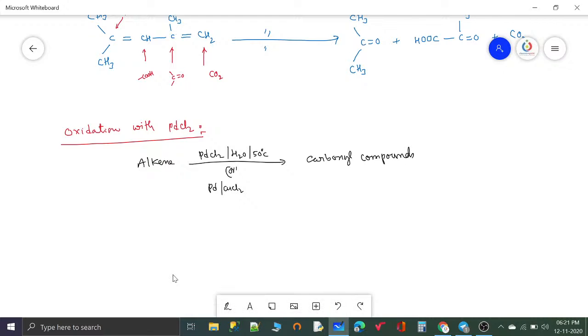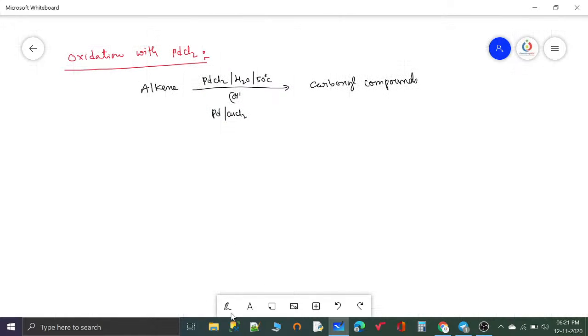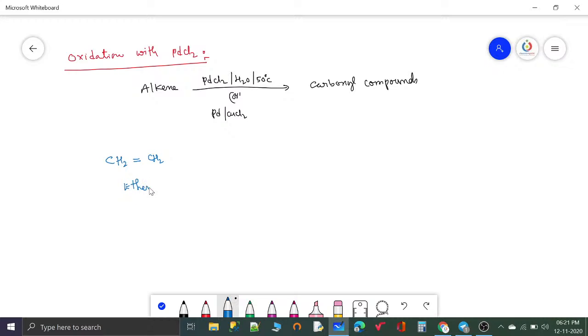Let us see some examples here also. You take the ethene molecule. When subjected to palladium chloride and H2O, it will be converted to the aldehyde CH3CHO. But if you take CH3CH double bond CH2 with the same reagent, it gives the ketone.